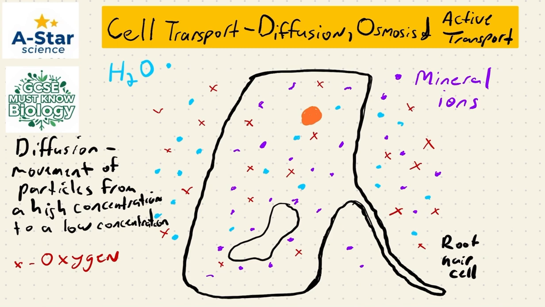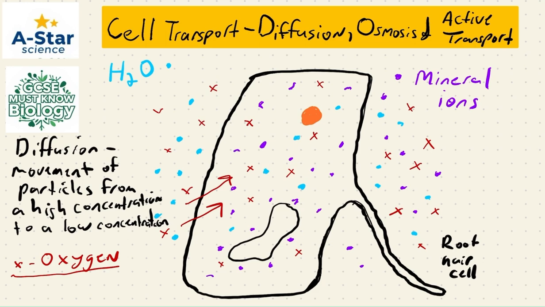For example, if we look at the oxygen, which is the red crosses, you can see that there is oxygen on the outside of the cell and there is oxygen on the inside of the cell. Diffusion is the movement of particles from a high concentration to a low concentration. Well, how can we tell? There are clearly more crosses on the outside of the cell than there are on the inside of the cell. And so we're going to get a movement of oxygen into the cell because the higher concentration is on the outside of the cell and is going to move into the cell.